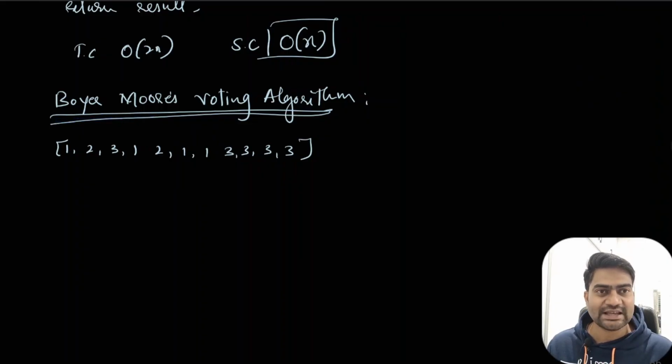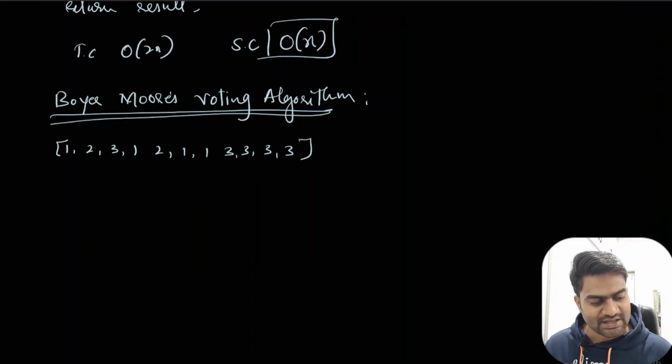If you have seen my previous video, in that I have already explained how this Boyer-Moore's voting algorithm works. Basically, it will try to find the candidate. Assume there is a voting contest that has happened, and there are two contestants who have contested for the election. In that case, we try to get the majority candidate by getting his relative votes.